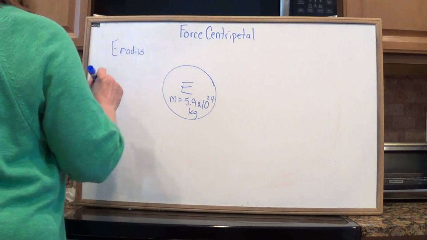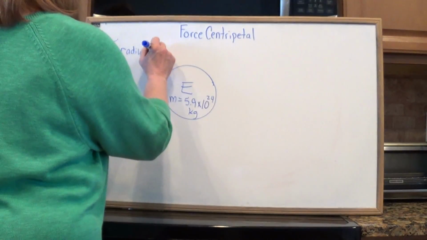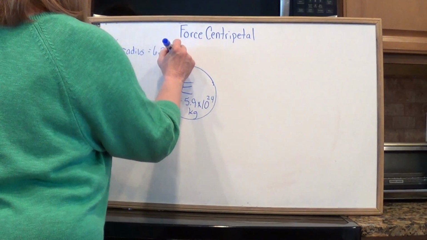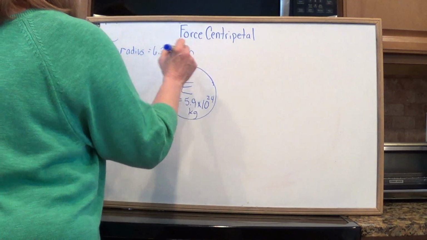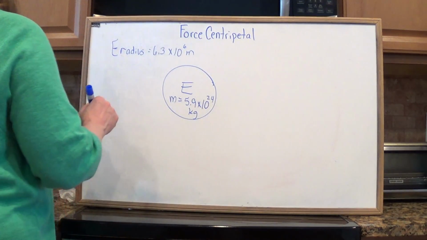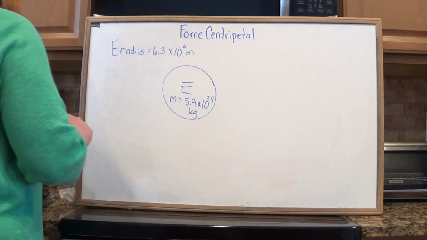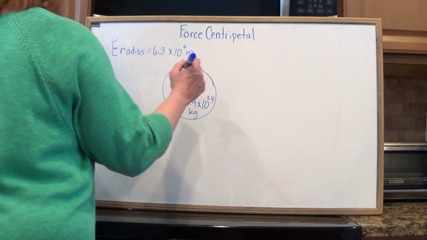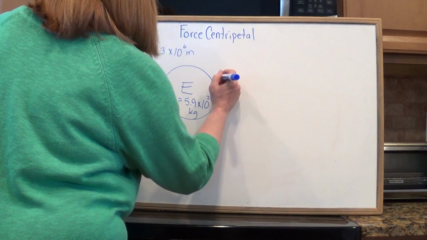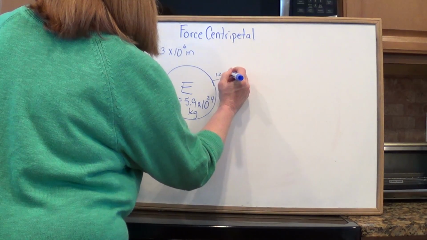So Earth radius is 6.3 times 10 to the 6th meters. And we'll say there's a 1.0 kilogram object 1.2 meters above the Earth.